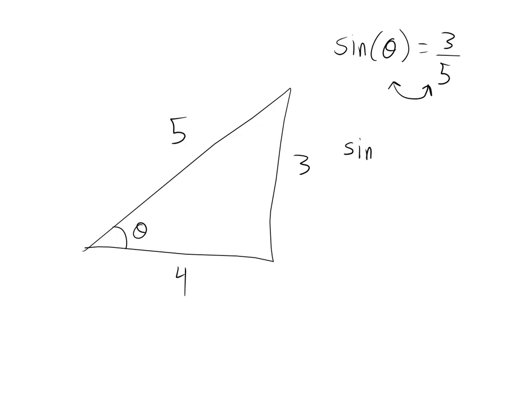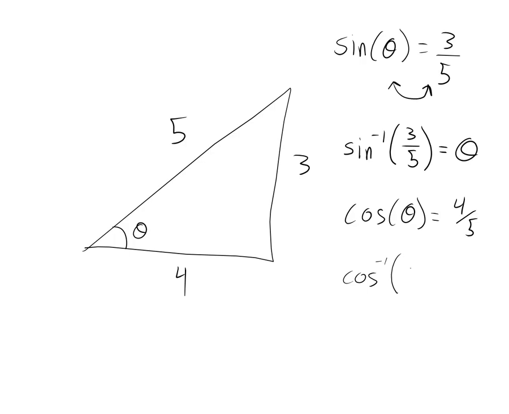So sine inverse of 3 over 5 is going to give us theta. Similarly, if cosine of theta is 4 over 5, then cosine inverse of 4 over 5 reconnects us to our original theta.